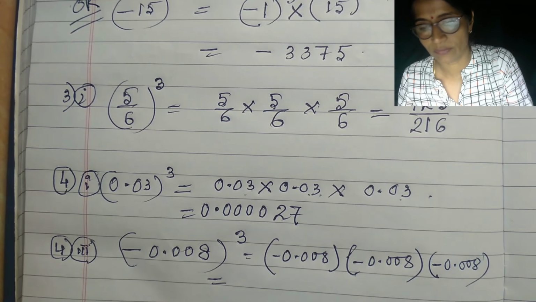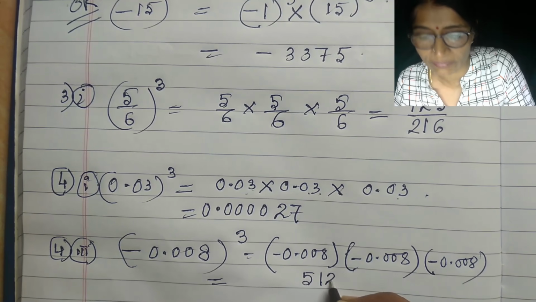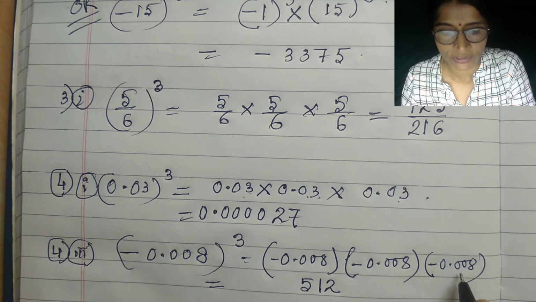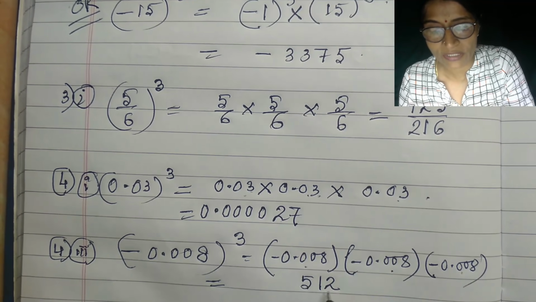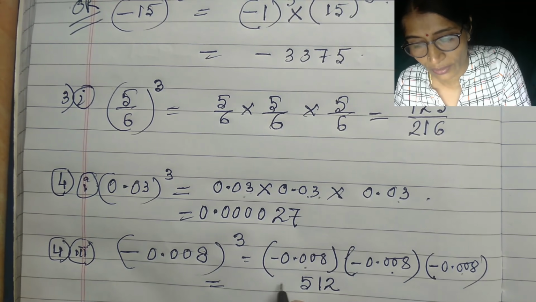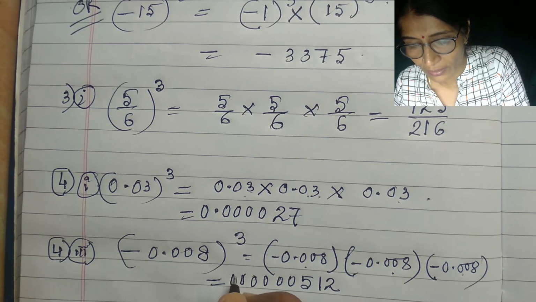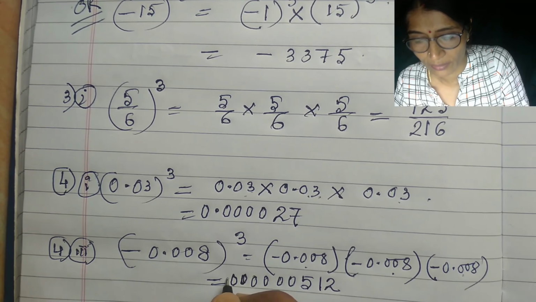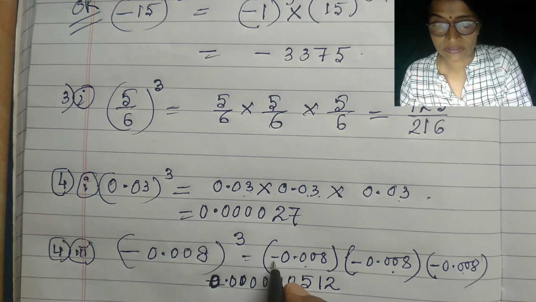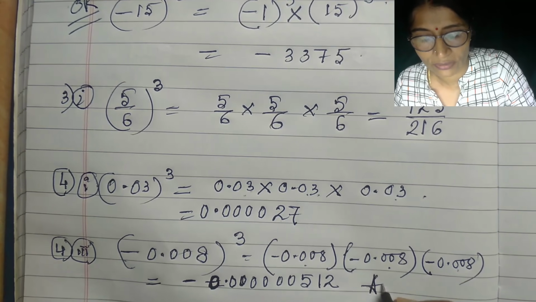So that is equal to 8 into 8 into 8 is 512. First I will write this one. Then second I will count the decimals: 3, 6 and 9. It means after the 9 digits I will write the decimal. So 1, 2, 3, 4, 5, 6, 7, 8 and then 9. The decimal will be here. But I'll write 0 here. Then this is minus, so the answer will be minus. So this is your answer.